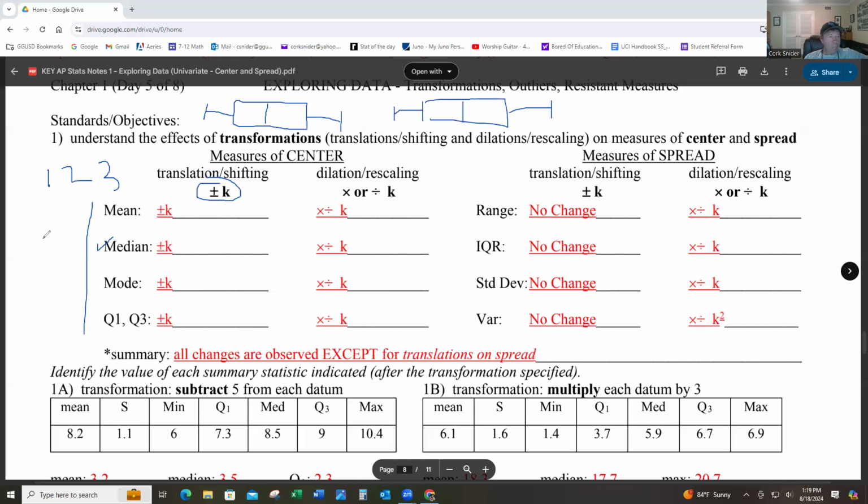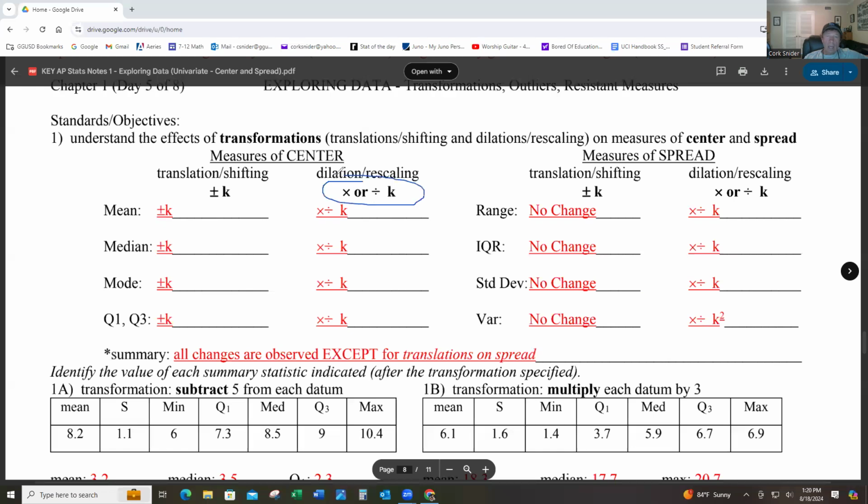Now, when you get into scaling things like multiplying, that's different. We'll talk about that with economic theory too. Okay, let me get this all erased here. So let's say we multiply or divide by a constant. If you do that, then the mean is going to jump by that factor. All of these will jump.